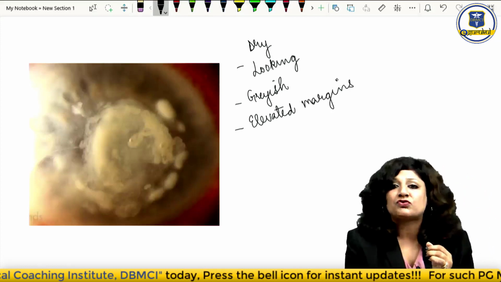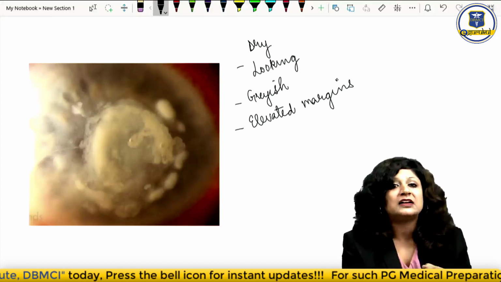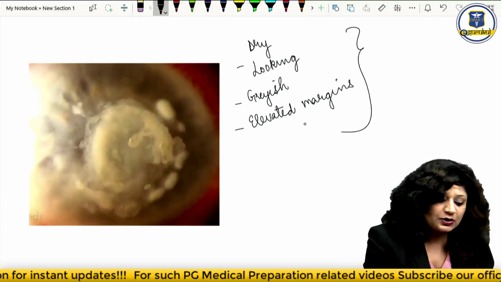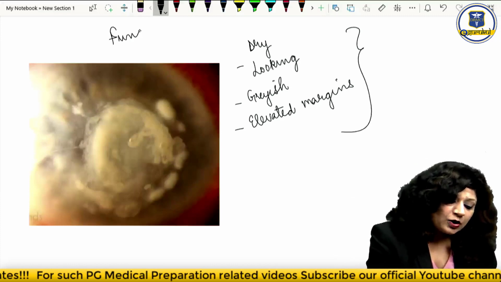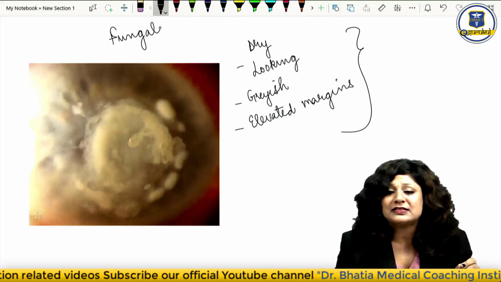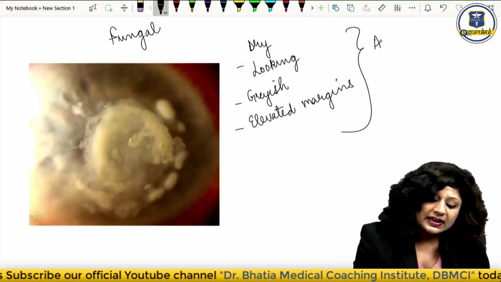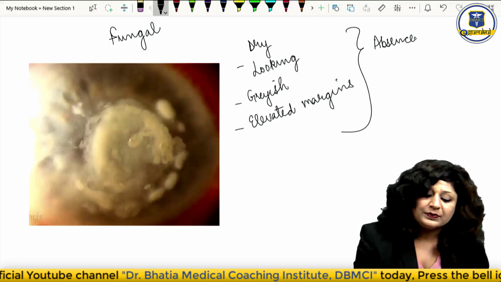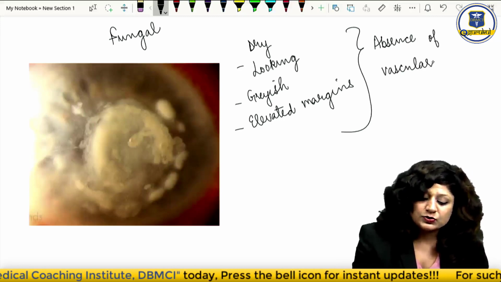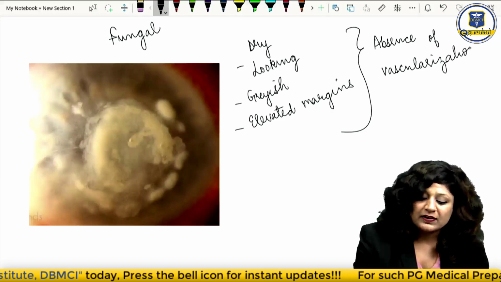The ulcer which is dry looking, grayish in color with elevated margins, all these are the properties of the fungal corneal ulcer, and this is all taking place due to the absence of vascularization.